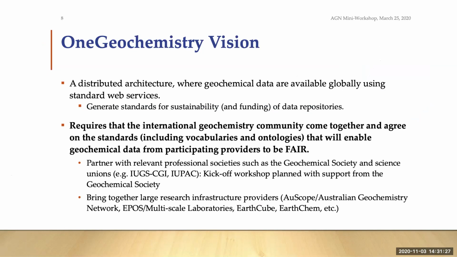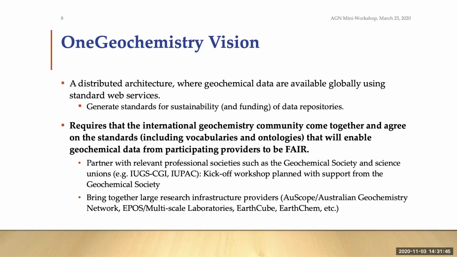But it requires an international geochemistry community in the first place to come together and agree on standards such as vocabularies and ontologies to enable geochemical data to be integrated and reusable following the FAIR principles.